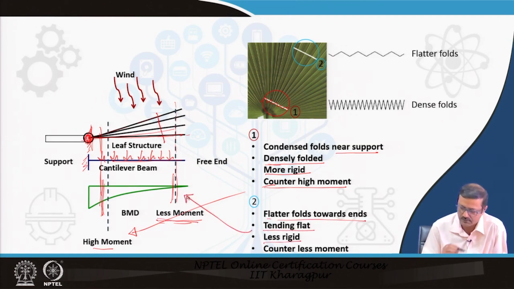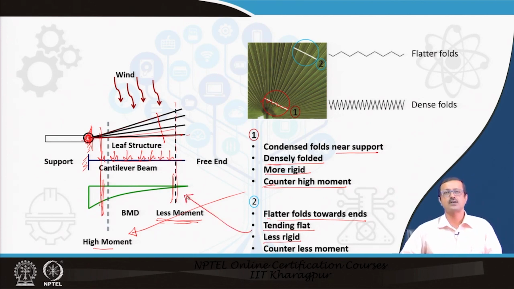So, nature has also created the folded plate. By virtue of the densified fold, it can resist a high amount of moment, whereas flatter folds are not able to do so.